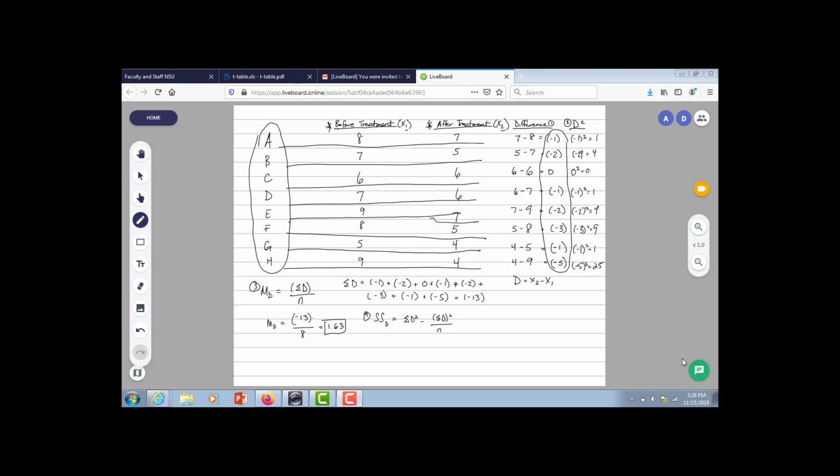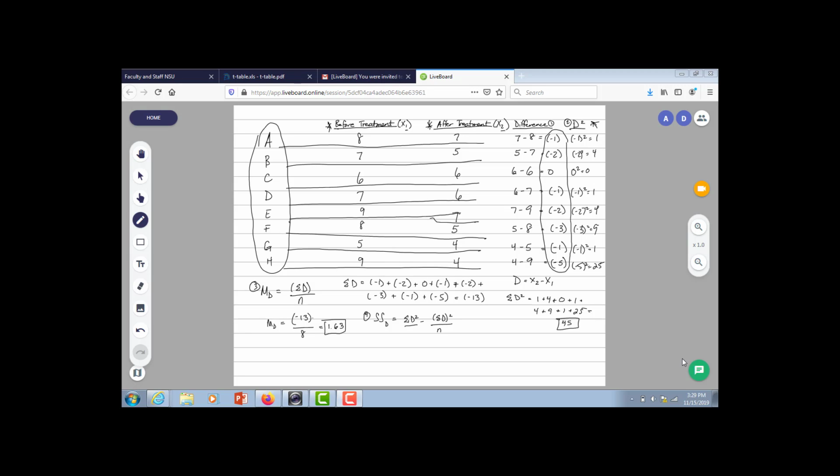In order to get the sum of d squared, we go to our d squared column and add up all of those digits: 1 plus 4 plus 0 plus 1 plus 4 plus 9 plus 1 plus 25. When you do that out, you end up with 45.